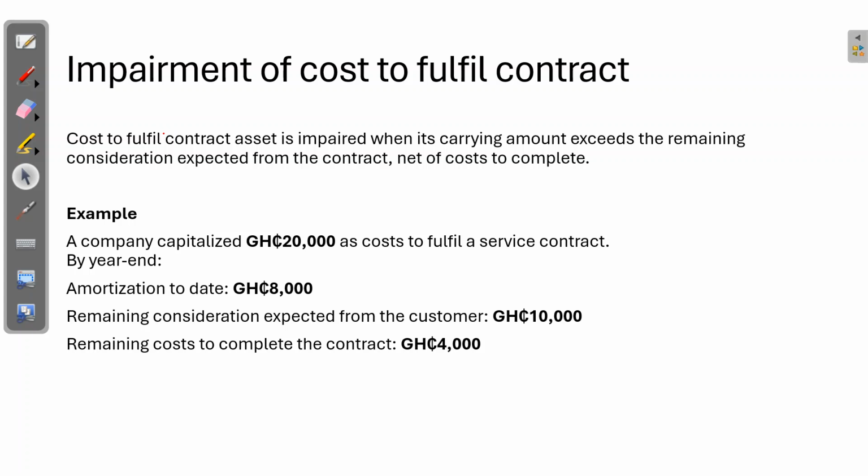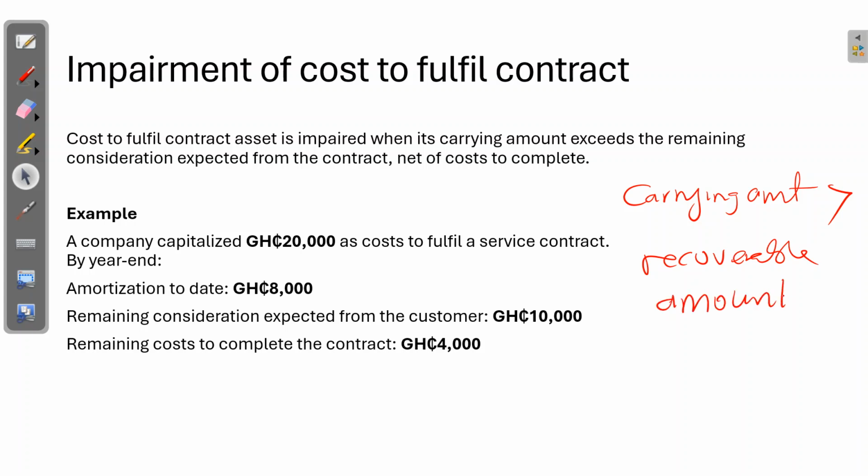Okay, now let's look at impairment of cost to fulfill a contract. Impairment is when the carrying amount of an asset is more than the recoverable amount. So that's the principle.